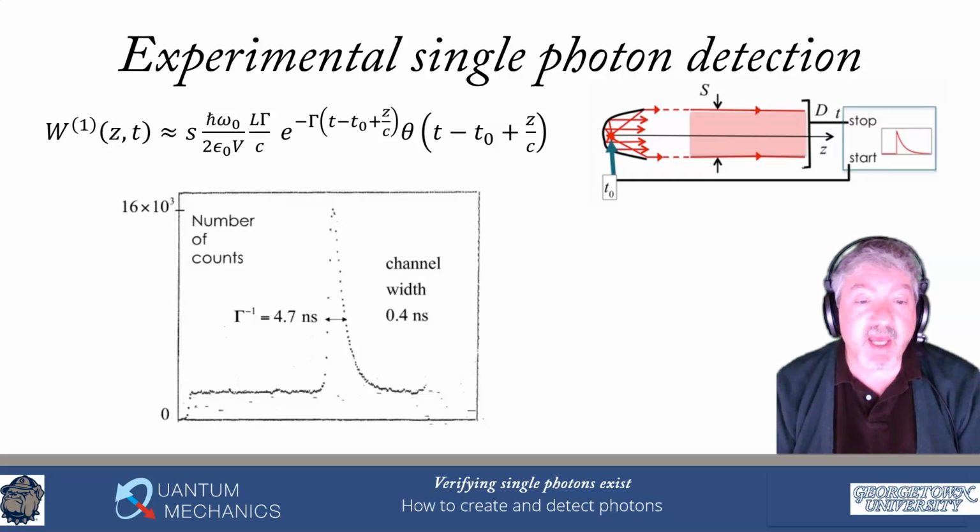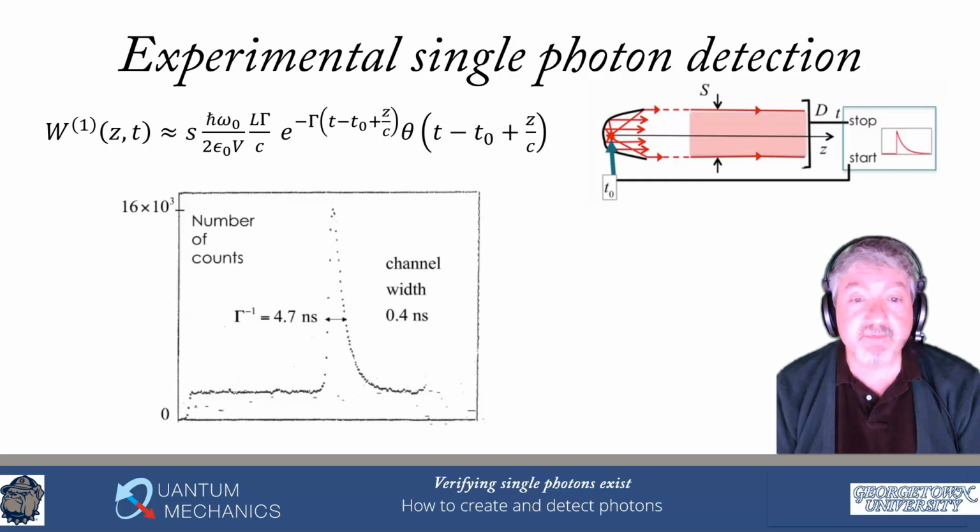And you can see by the time I get a couple of inverse gammas, like maybe 15 to 20 nanoseconds, by that point in time, the photon has been detected. It has a very high probability to be detected within a few inverse gammas of the onset time, which is given by the time it took the photon to travel the distance z between where the source is and where I reach the detector.